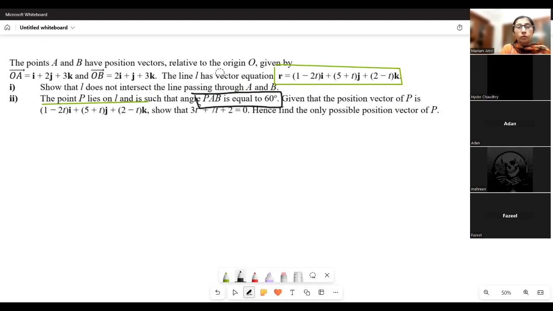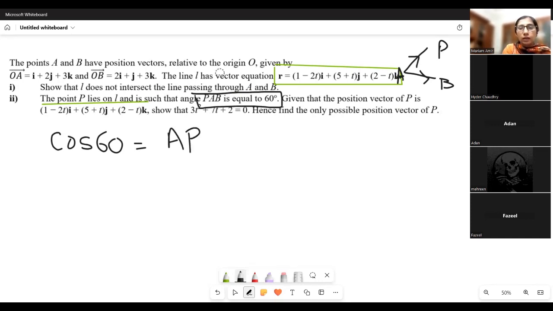The formula would be cos 60 equals, for PAB, arrows outwards, so it's going to be AP dot AB divided by the magnitudes of AP times AB. These are the vectors.